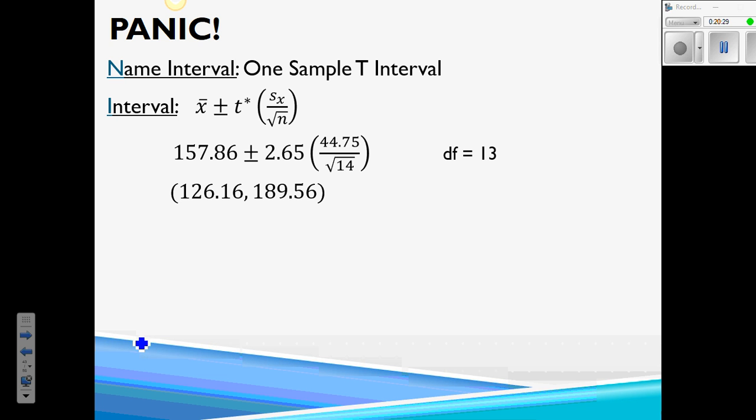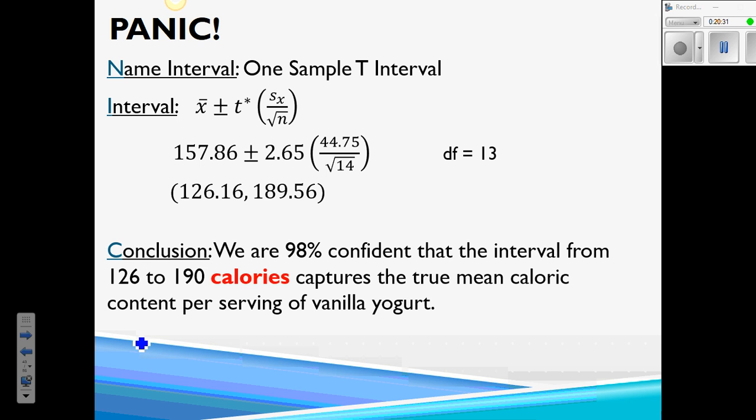Means what? The true mean caloric content per serving of vanilla yogurt. I think I rounded to the nearest calorie because generally you don't see 0.16 calories on the back of a yogurt, right? They usually give you a whole number, an integer, a natural number.